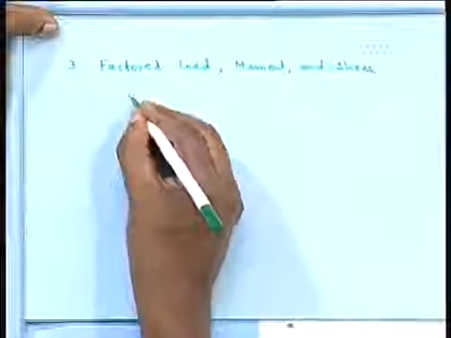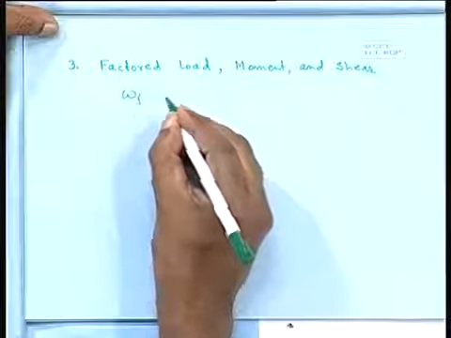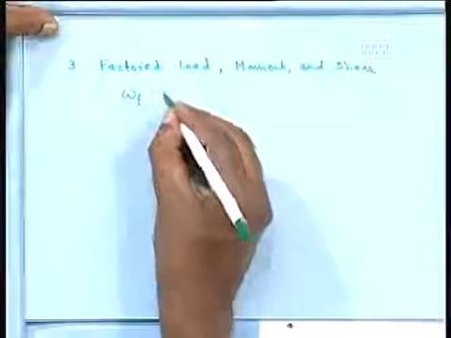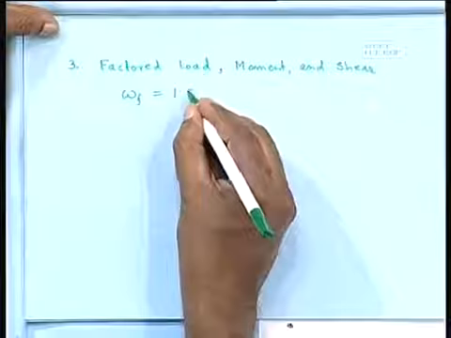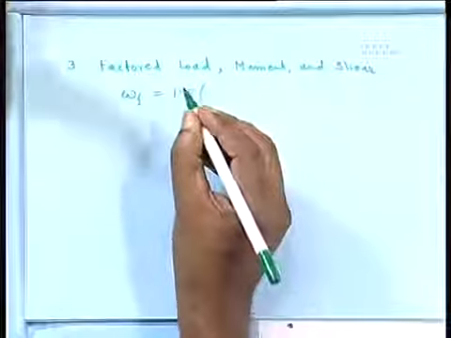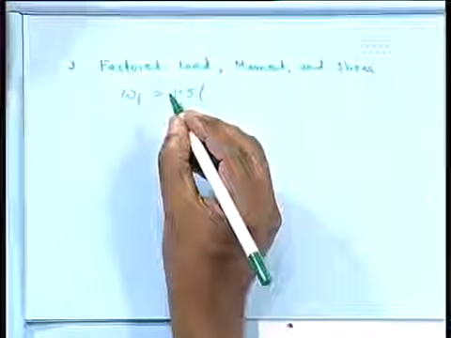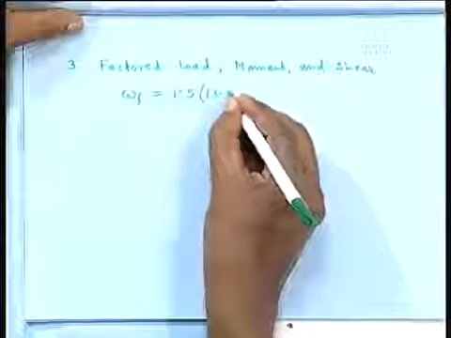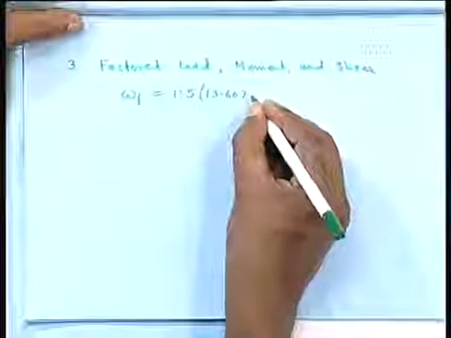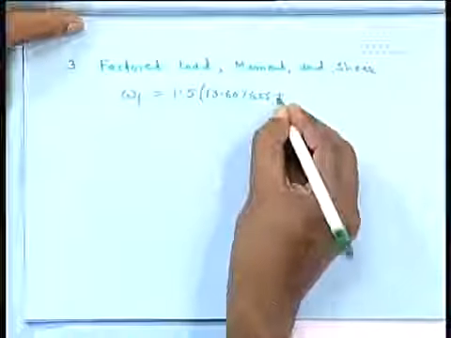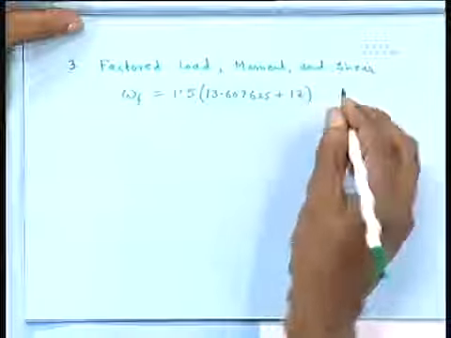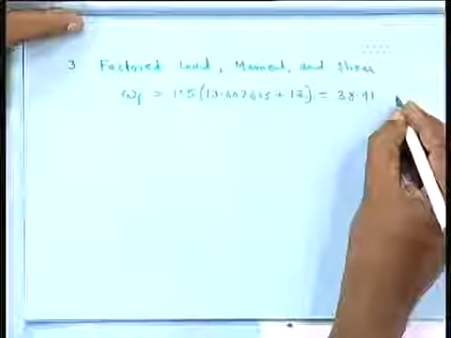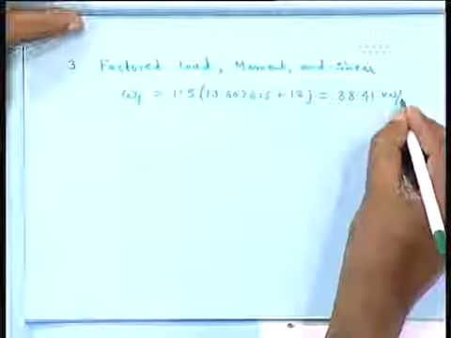Let us say WD, or we can take WF, the design load, that is the factored load. Since it is not mentioned, and we are taking only dead load and live load, we shall multiply with 1.5, which comes as dead load plus live load equals 38.41 say kilonewton per meter.